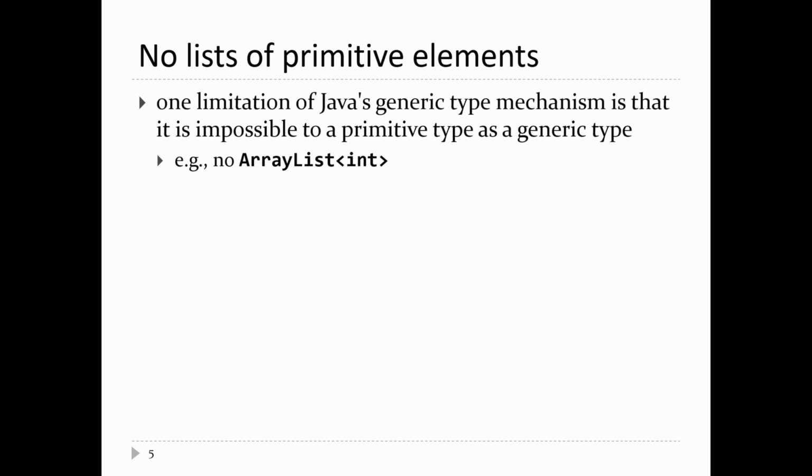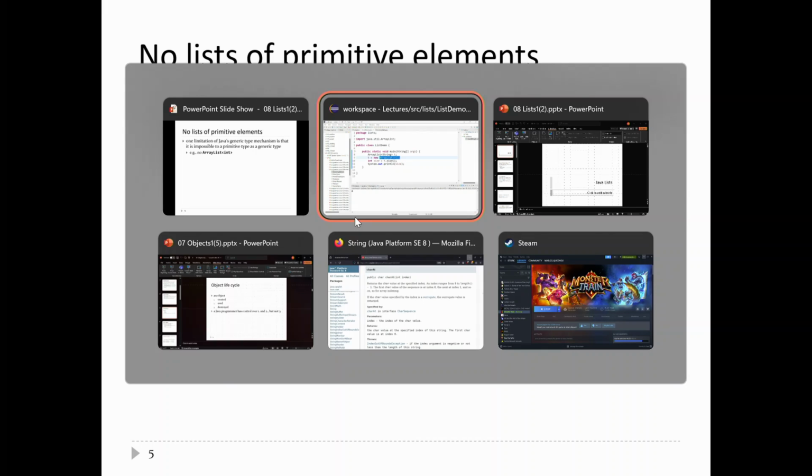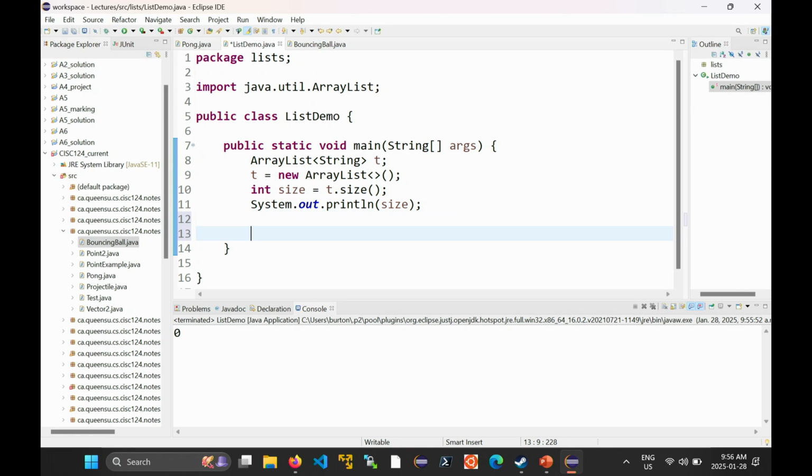All right, confusing thing number, I don't know, 50 by now. In Java, you cannot make a list of int, or a list of double, or a list of char. One of the limitations of Java's lists is that you can't make a list where the elements are of primitive type. For example, if I try to write ArrayList of int, the compiler is going to complain.